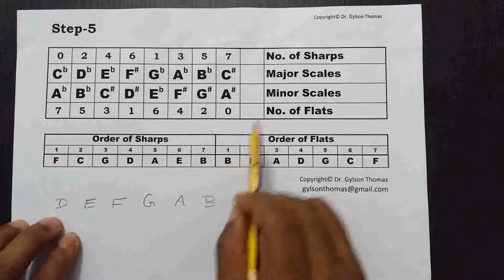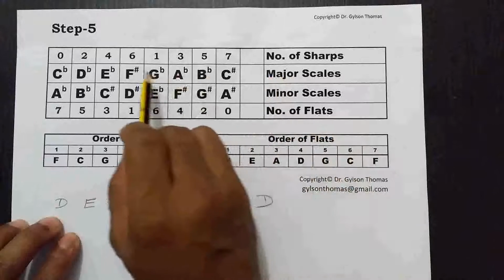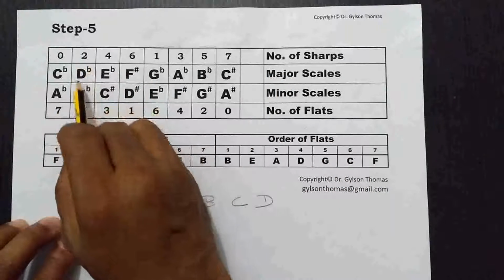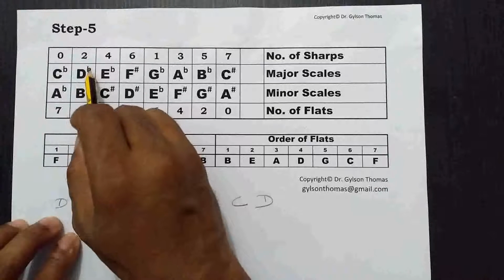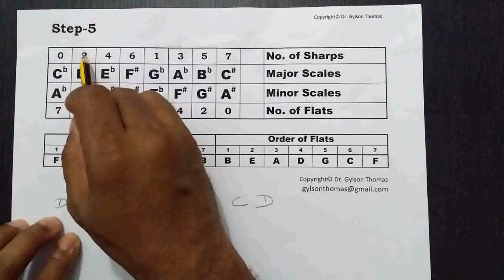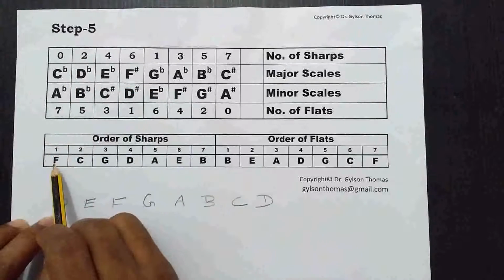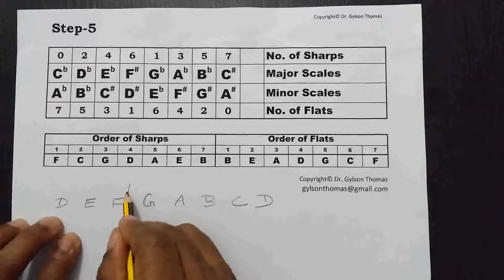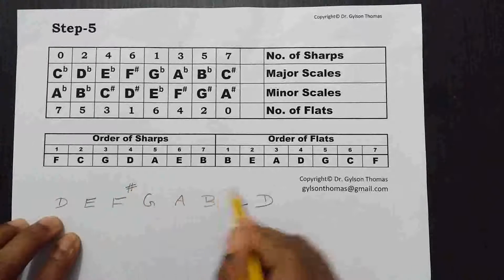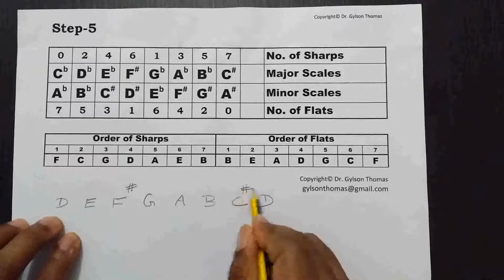Now for D major scale corresponding to the D major row, take the D cell. Since here it is flat, count the number of sharps, which is 2, and the sharps are F and C. That is, in D major scale, F and C are sharps.